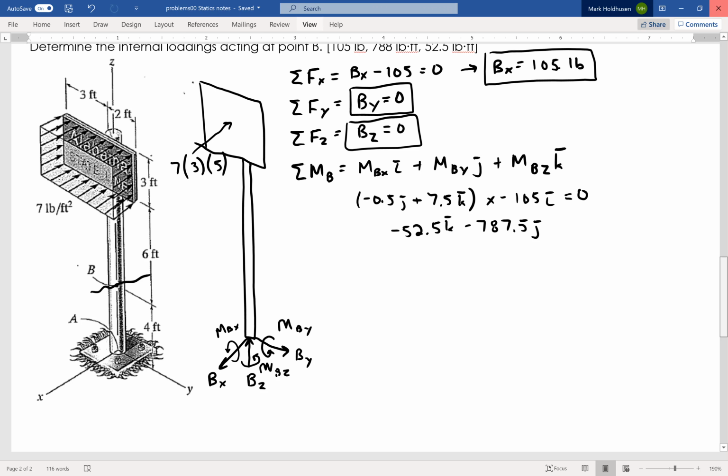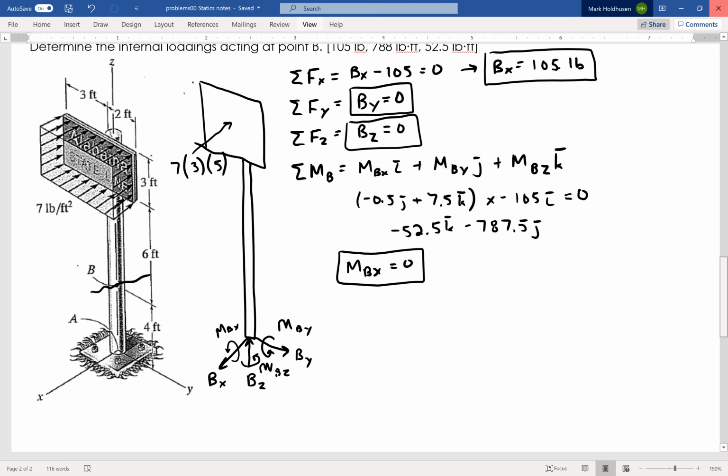Okay, so now I can go ahead and separate these out. In the x direction I have Mbx, and that's it. That's the only thing in the x direction, so that equals 0. So there is no bending moment about the x-axis. Had this had a weight that we would have been concerned with, we would have had a small moment about the x-axis, but again, we're assuming it to be negligible, so we just ignored it.